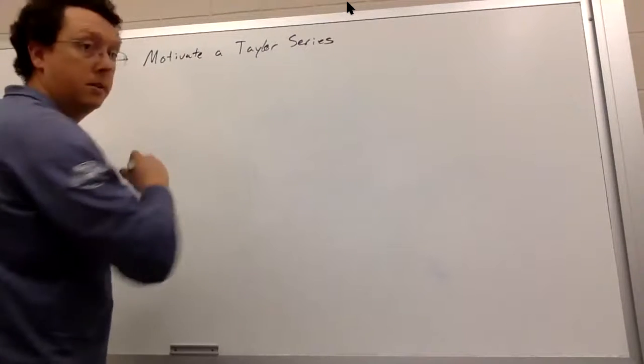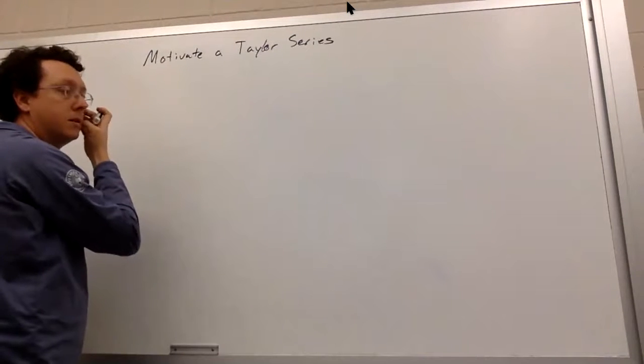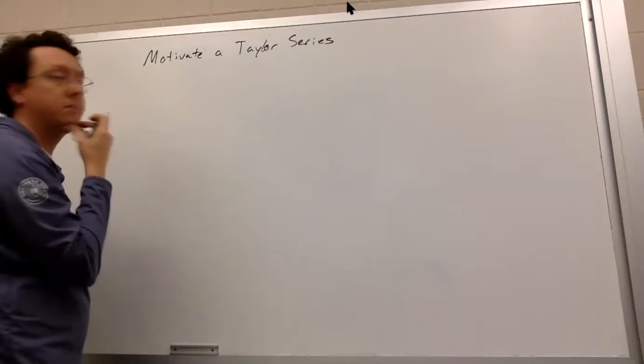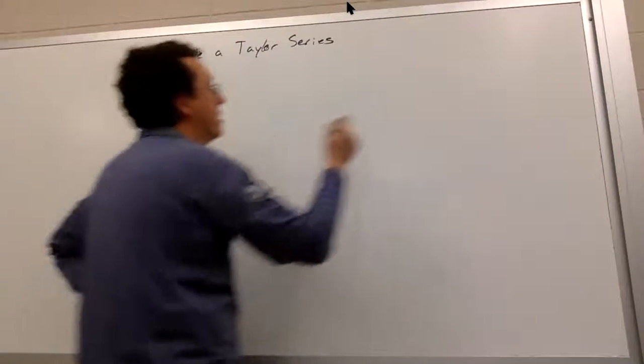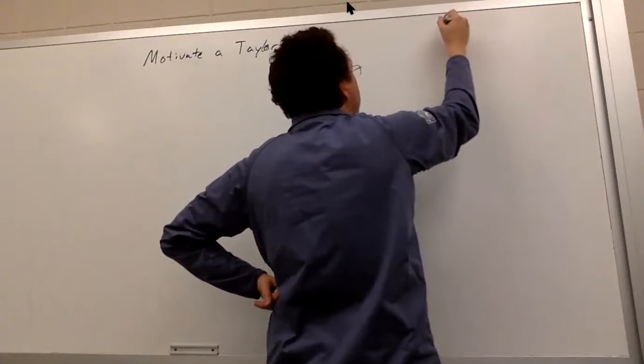Okay, so the starting point for a Taylor series is to make two observations. Let's write them up here. First off, integration by parts.